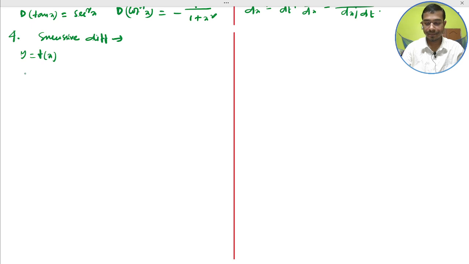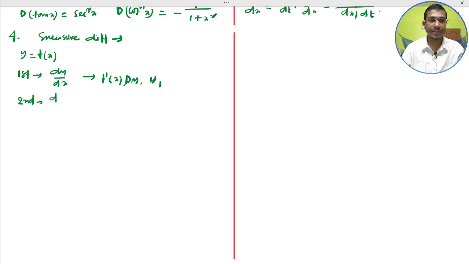The first derivative, dy/dx, is written as dy/dx, or another representation is f dash x, capital D y, y1. This is the representation.